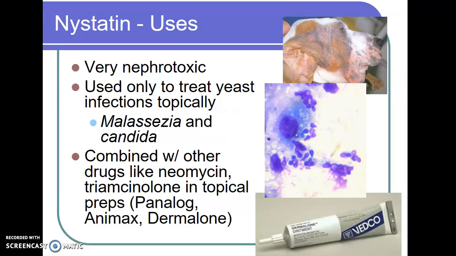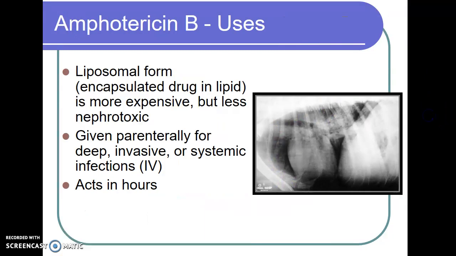Probably has some other names now that I'm not aware of, and typically it just goes between different manufacturers for whatever reason, but topical with an antifungal in it. So we don't give nystatin orally. Amphotericin B, on the other hand, we don't give it orally either, but we do give it systemically.